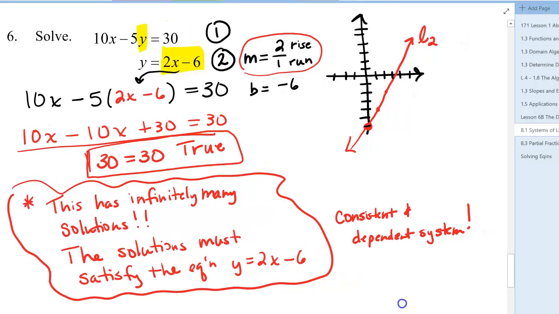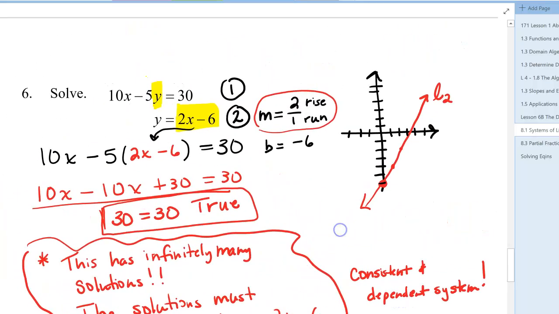Now to graph line 1, we need to solve it for y. So to solve equation 1 for y, we would have 10x minus 5y equals 30.